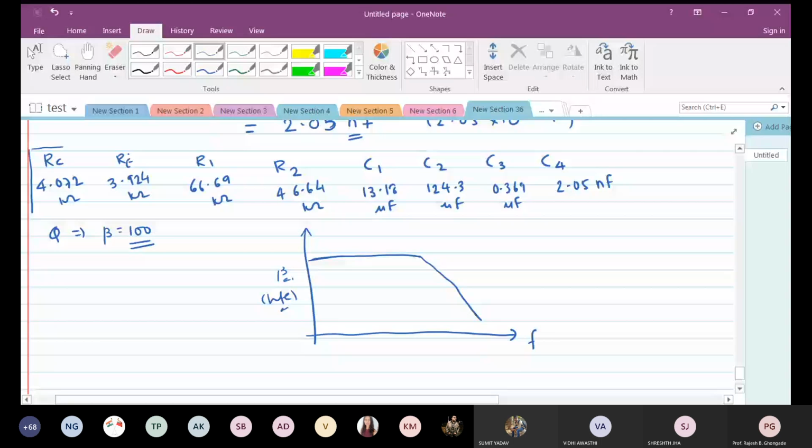And the place where HFE becomes equal to 1 is called the transition frequency of the transistor. So at transition frequency, at FT, the transistor does not remain a current amplifier also.